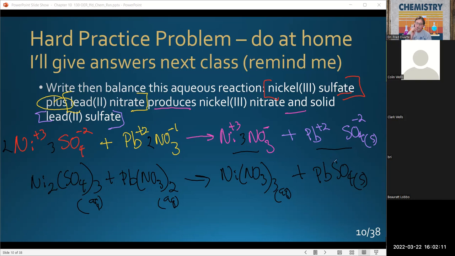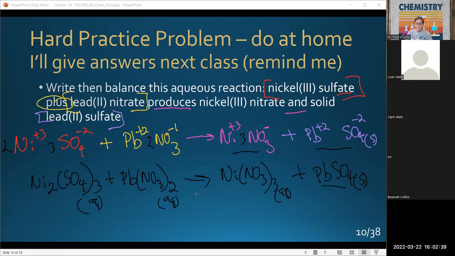Based on the solubility rules, you can look it up, lead sulfate is insoluble in an aqueous system, and so we put a solid, whereas nickel nitrate, nickel sulfate and lead nitrate are all soluble. They're all in solution. The only one that is not soluble is the lead sulfate.